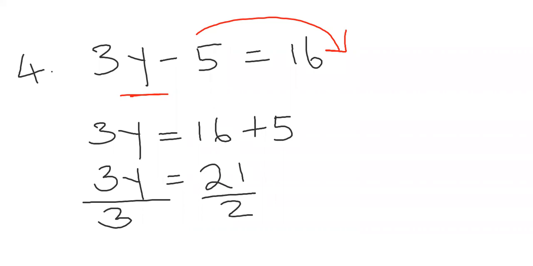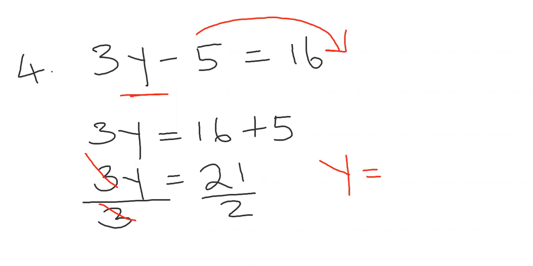We now have fractions both sides. If your numerator and your denominator are the same, they are going to cancel out, which means that side you are left with a y.